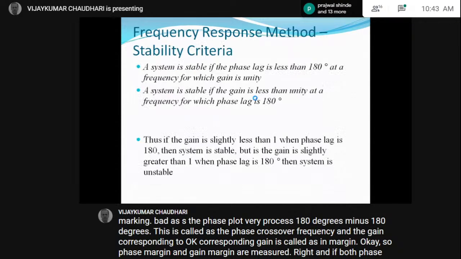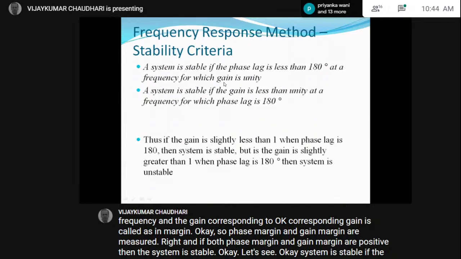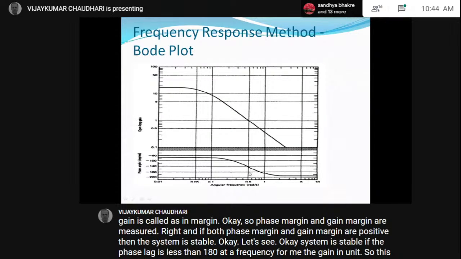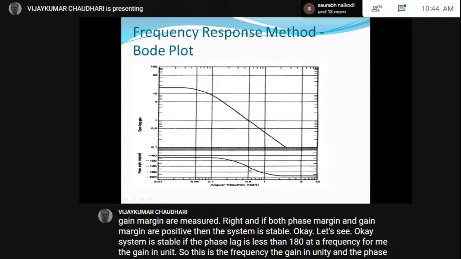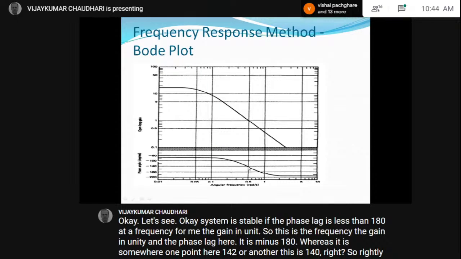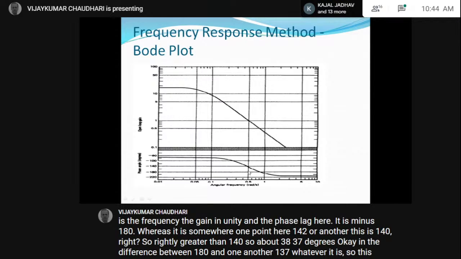A system is stable if the phase lag is less than 180 at a frequency for which the gain is unity. So this is the frequency at which the gain is unity, and the phase lag here is not 180, it is about 140, slightly greater than 140. So about 37 or 38 degrees is the difference from 180, and this margin is called the phase margin.